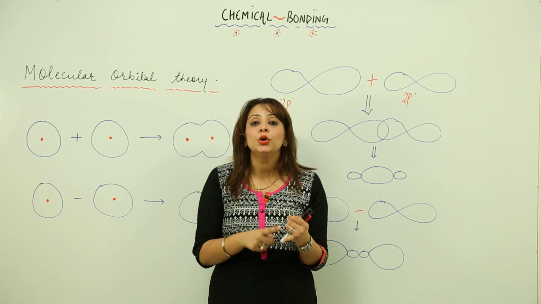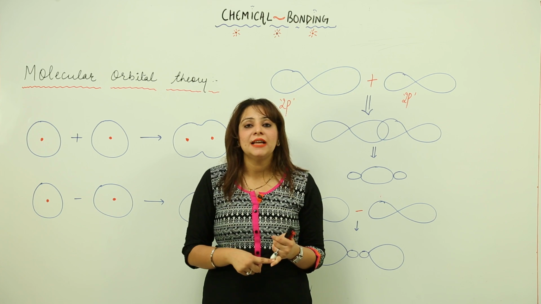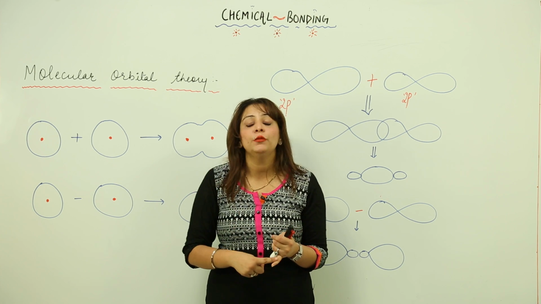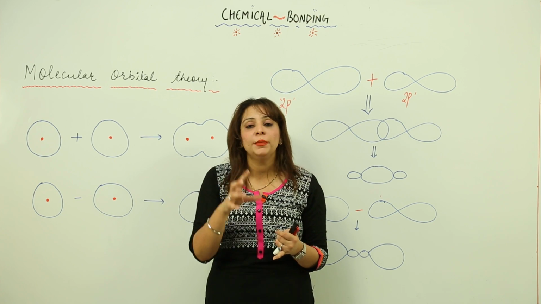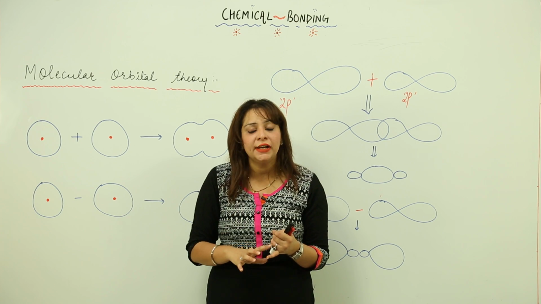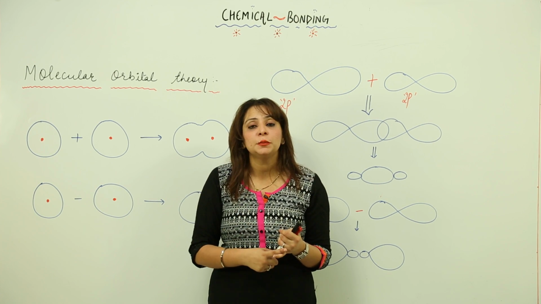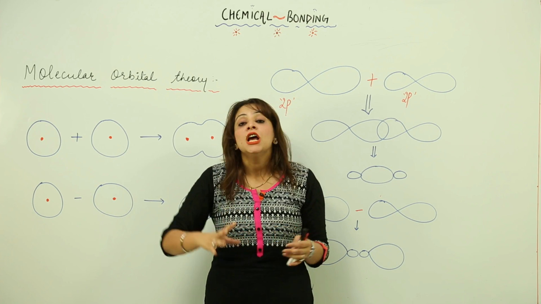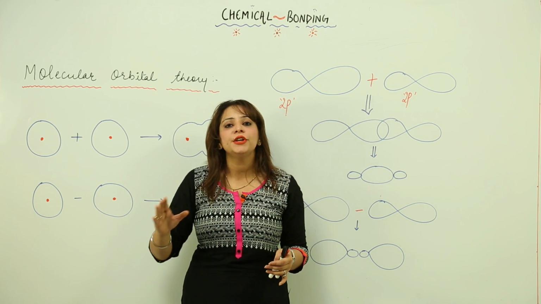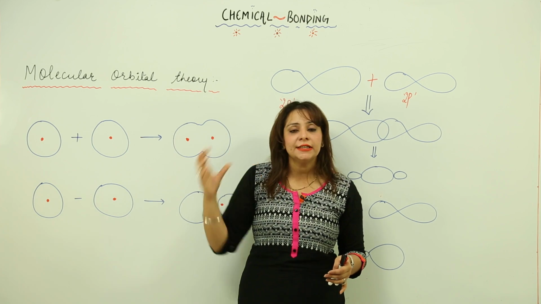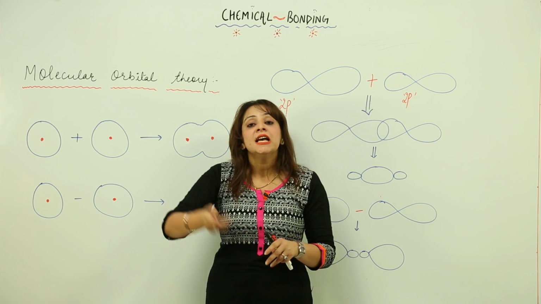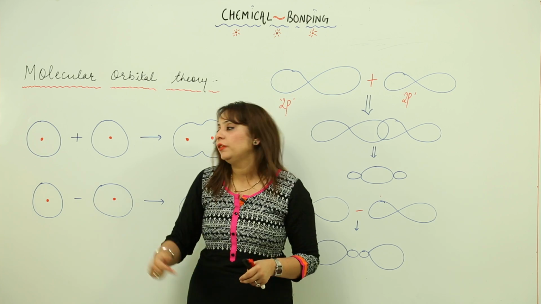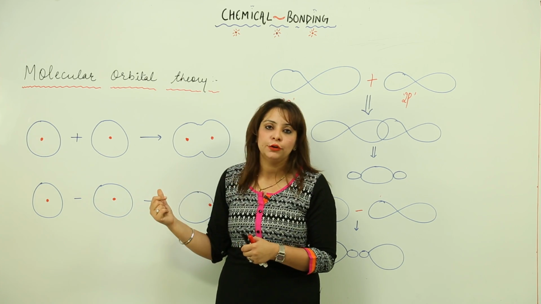Second, Hund's rule: electron pairing won't take place until each orbital of the same energy is singly filled. Third, Pauli's exclusion principle: an orbital can accommodate a maximum of 2 electrons, and they must be of opposite spin. All these three rules which we followed in atomic structure while writing the configuration for atomic orbitals, we will follow when we write the configuration for molecular orbitals, right.